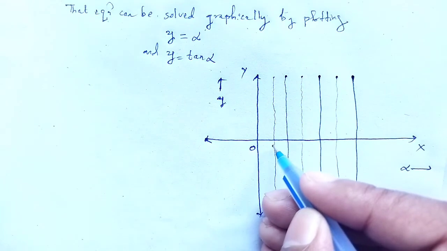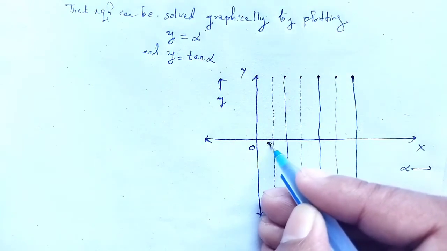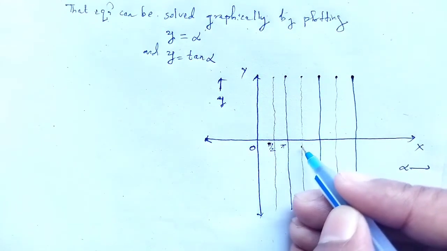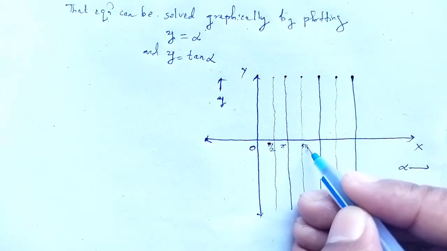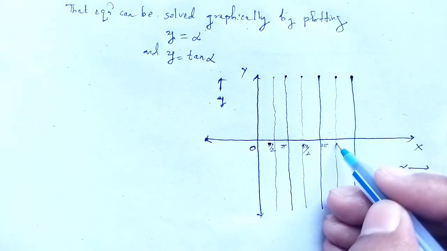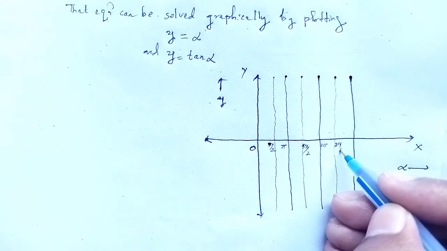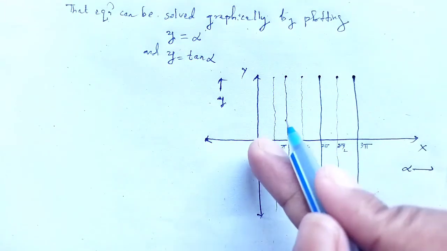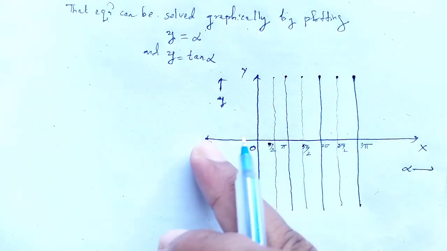Here pi by 2, pi, 3 pi by 2, 2 pi, 5 pi by 2, 3 pi, like this. Again in the negative halves also the same thing.